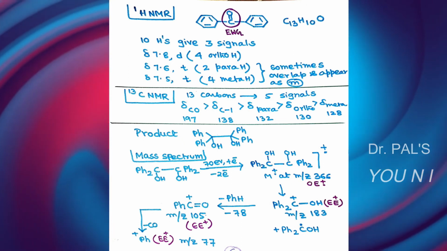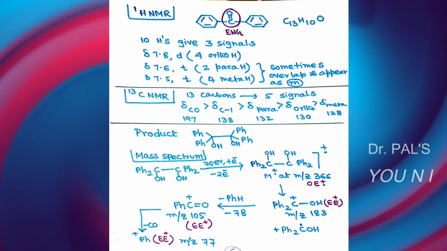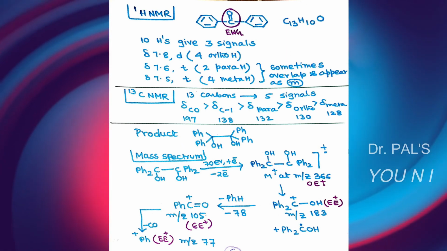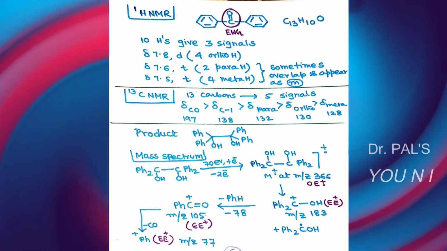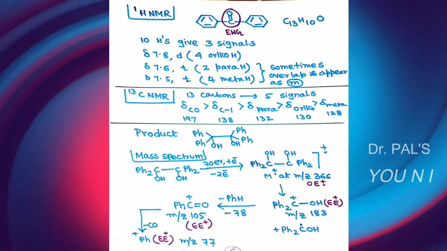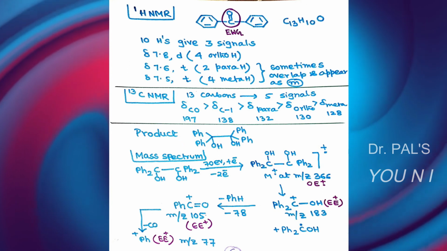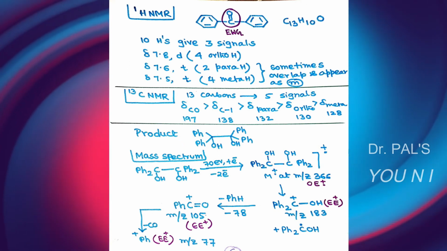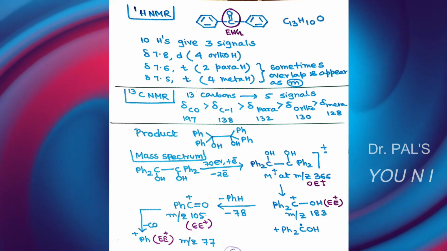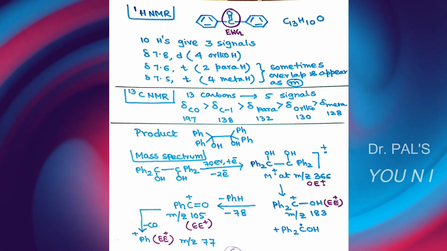Now from this, because of the rearrangement, if the benzene molecule goes, there will be a loss of mass 78. So we will end up with the benzoyl cation of m/z 105, and from this, if carbon monoxide goes, we will end up with the phenyl cation, which appears at m/z 77.